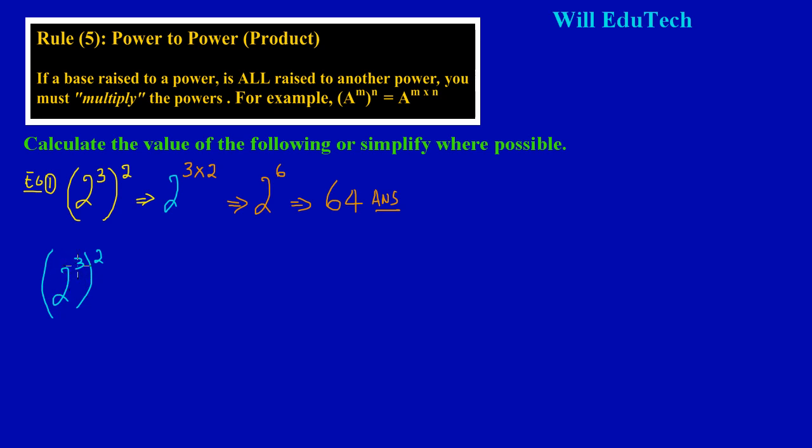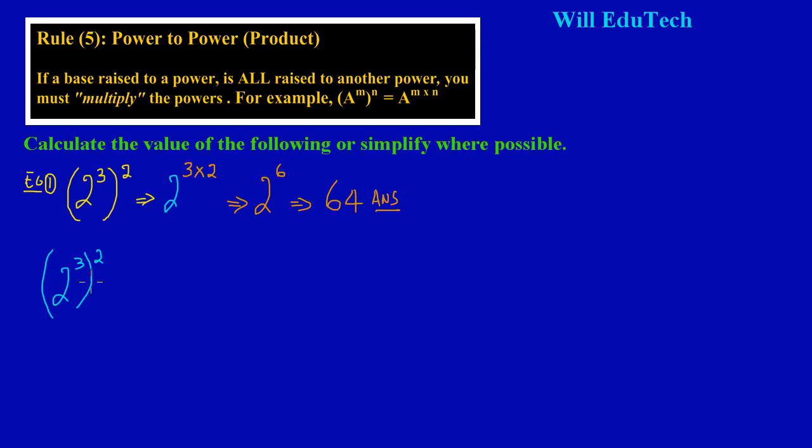Now, my friends, if you should think about the general concept, what this is really saying is I have 2 sets of 2 to the third. If you remember from basics, what the power outside is telling you is how many times the base is being represented.